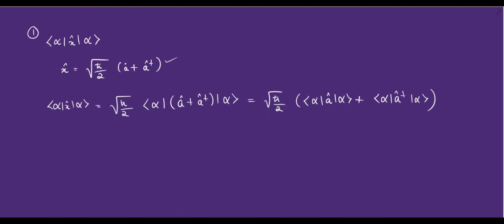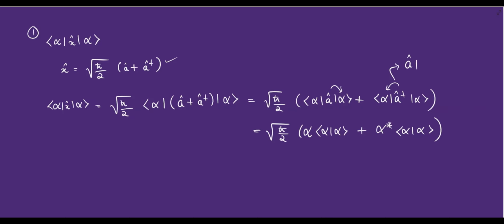Now you recall earlier what â acting on |α⟩ gives us. â acting on |α⟩ gives us α|α⟩, because |α⟩ is an eigenstate of â. So this becomes α⟨α|α⟩ plus â† acting on ⟨α| on the left hand side will give me α*⟨α|α⟩. This is equal to saying that this is (â|α⟩)†.